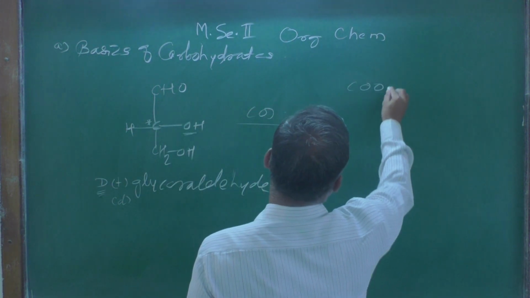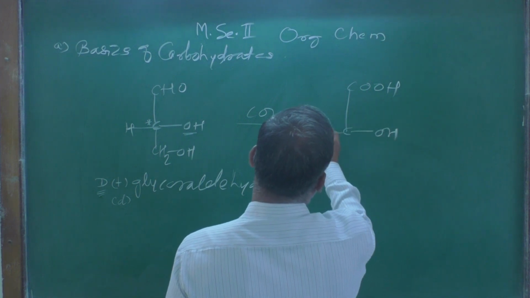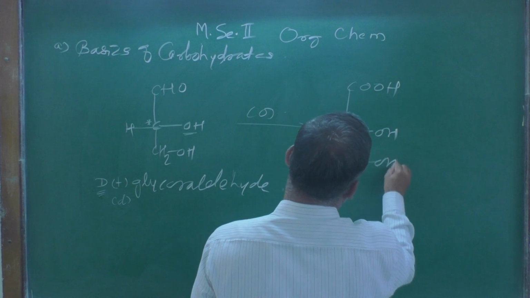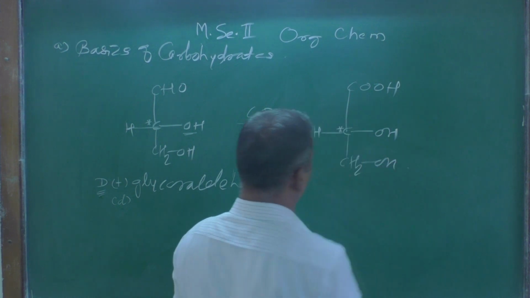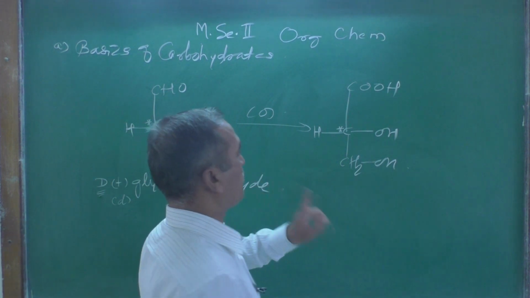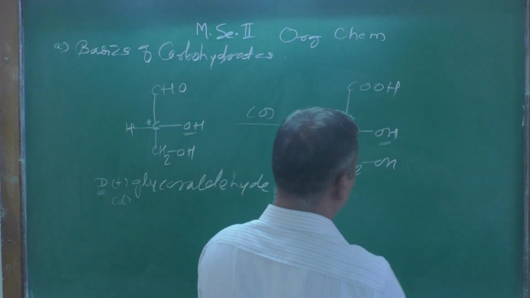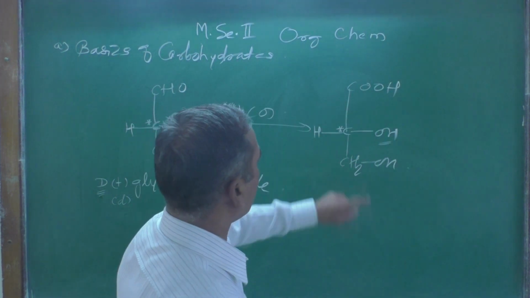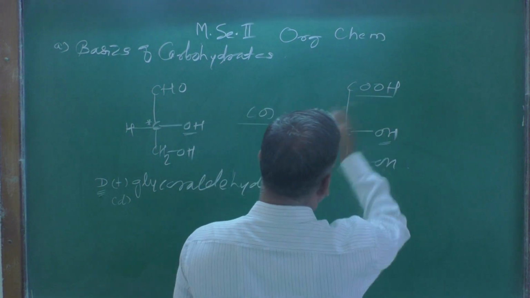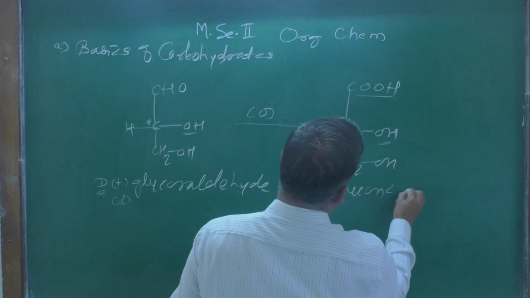So you will get COOH here, then OH remains over here, then H, then CH2OH. No bond is breaking at the chiral center, it remains as it is. And if you observe this structure again carefully, the name of this compound is glyceric acid, because here is a carboxylic group.